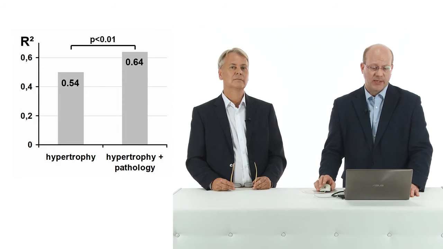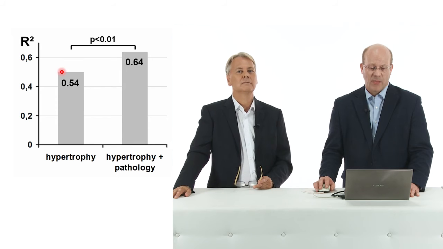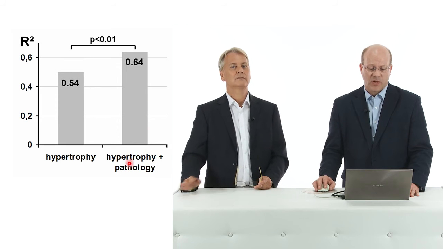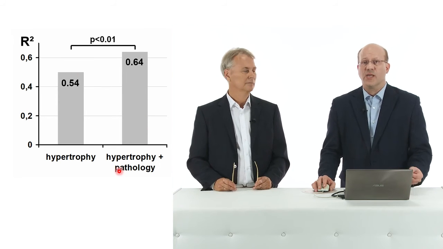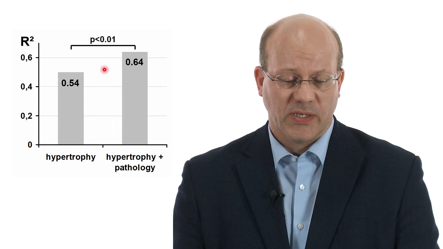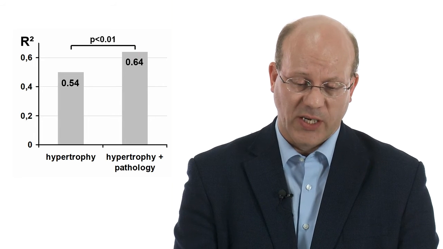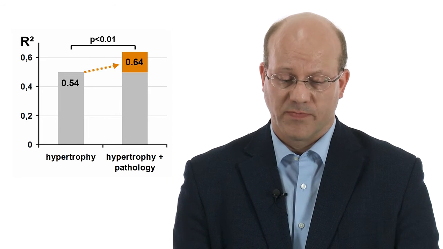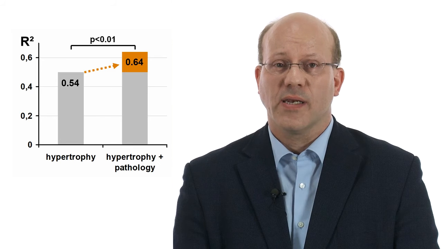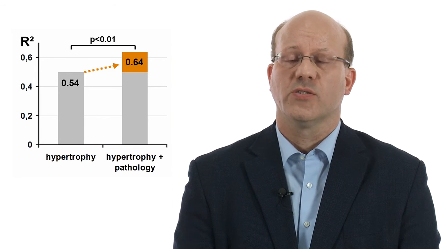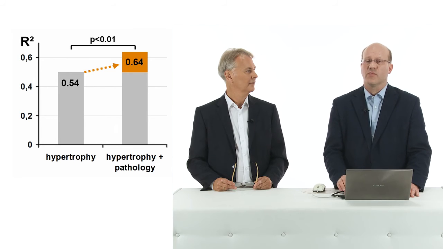When you look at this graph, that's the relation between the hypertrophy and the shortening. And if we add to the hypertrophy also the underlying pathology in the model, then we see that this correlation between the two improves. So we can explain longitudinal shortening changes not only by the thickness of the myocardium, but there is also something that comes from the underlying pathology.